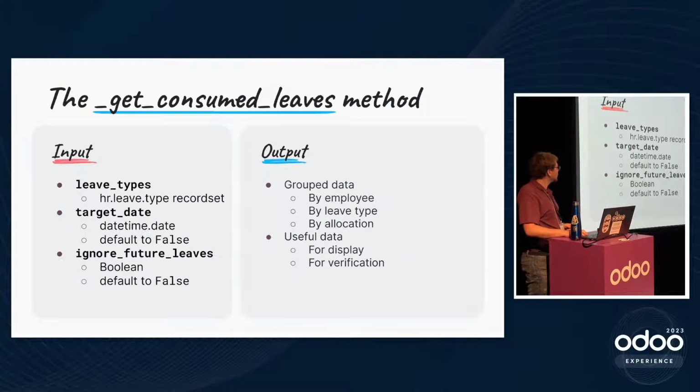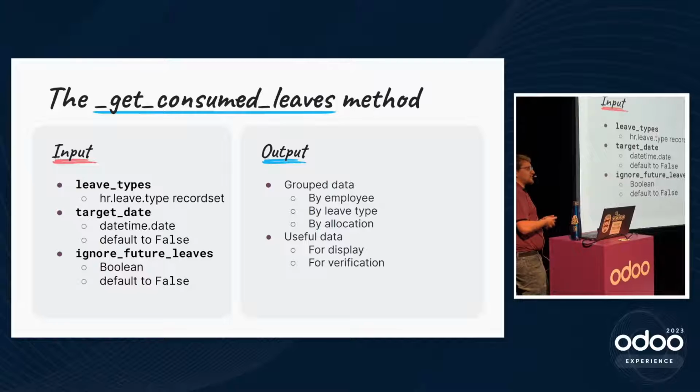For the solution, we have one main function that I will quickly overview, which is the get_consumed_leaves method, which is a method that is defined on the employee model. This method allows us to create that link between both. So what does it take in input?